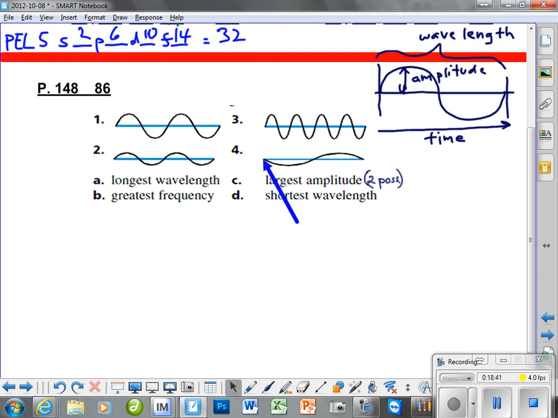Okay, in 4, we have the same wavelength as my demonstration up here that we labeled. So that's our longest wavelength. What would you say about the frequency of this wave, Anahit? Is it going to be more frequent or less frequent than the other 3? Correct. Okay, longer wavelength, smaller frequency.